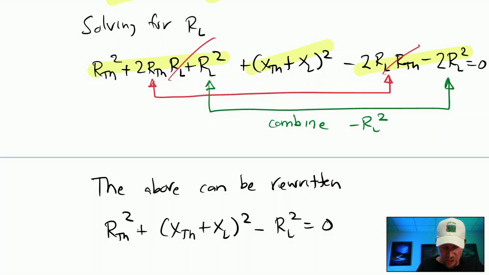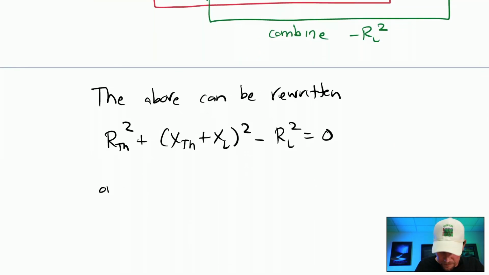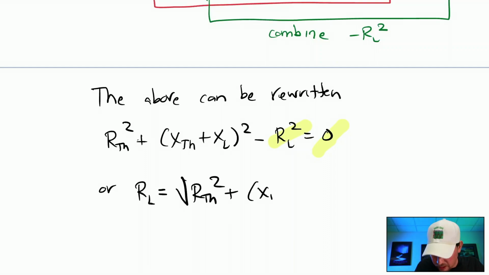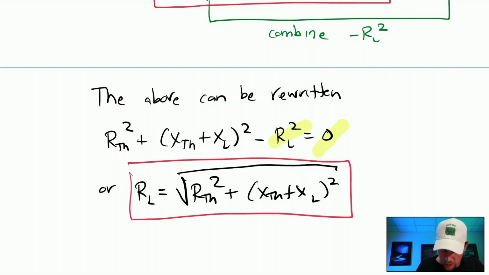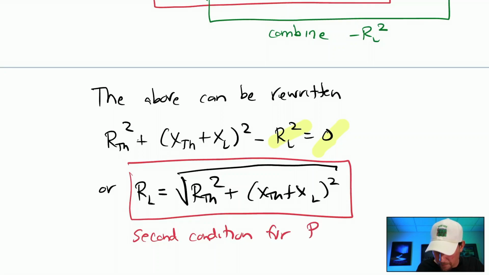So that huge equation at the very top combines into this, or I can then solve for the R load in the following manner. I'm going to add this to the opposite side, take the square root. So it is the square root of R Thevenin squared plus (X Thevenin plus X load) quantity squared. This is our second condition. So this is a second condition for max power transfer.